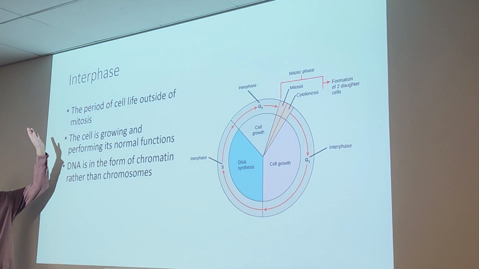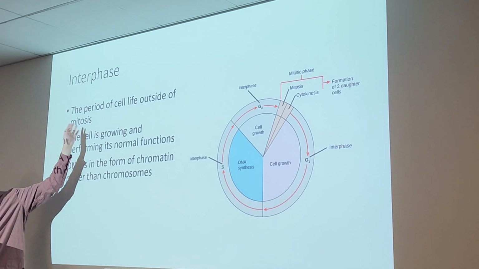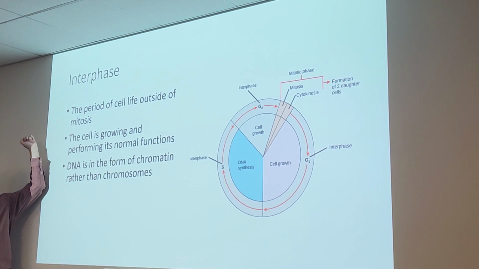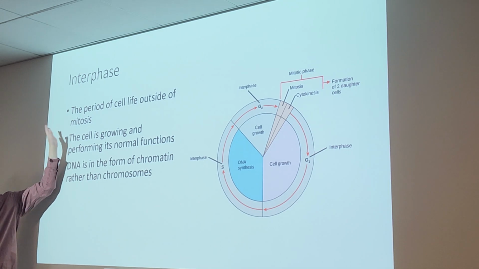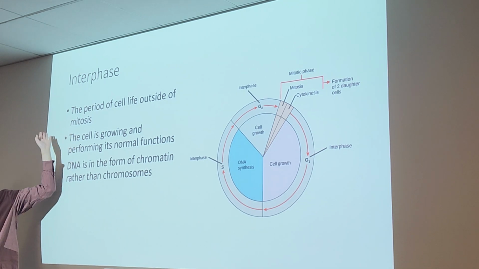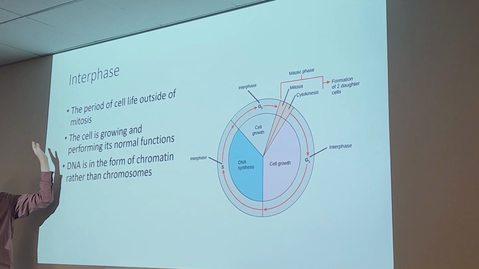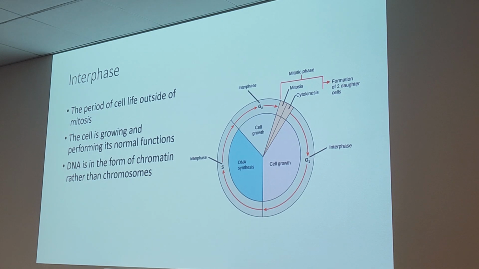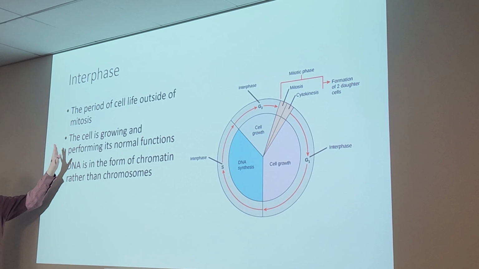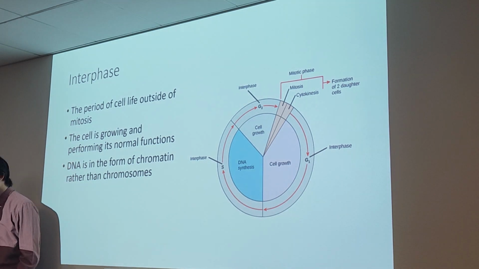Okay, so what we just discussed, G1, S, and G2, all 3 of those make up interphase. This is the primary state of the cell. The cell is usually going to be in interphase. So the cell spends most of its time here in interphase.